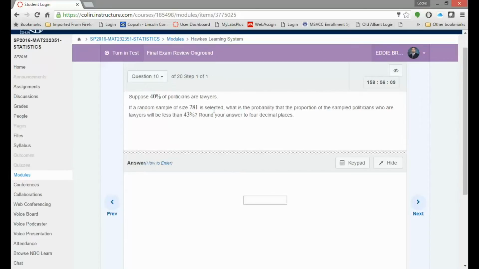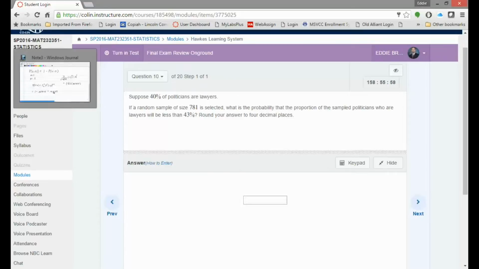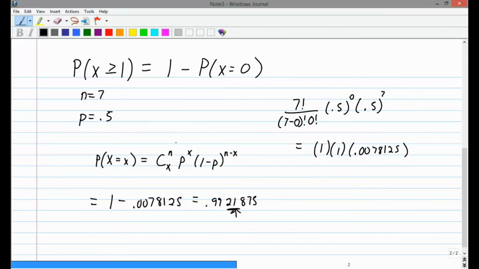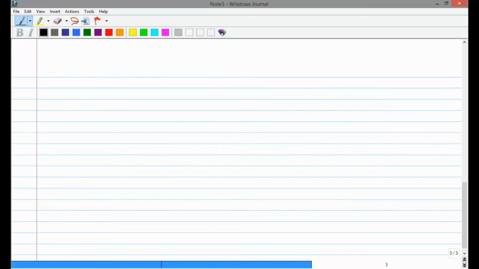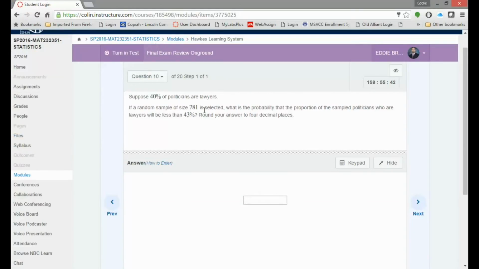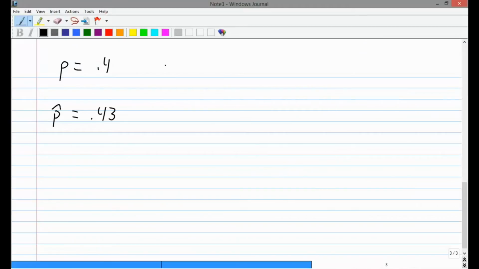Here's what we're looking for. Let me write these down. And these are all proportions. So p is equal to 0.4. p hat is equal to 0.43. And then the random sample size was 781. n equals 781.